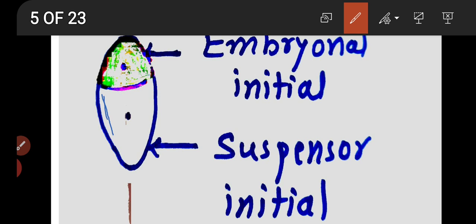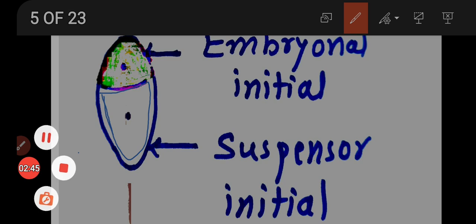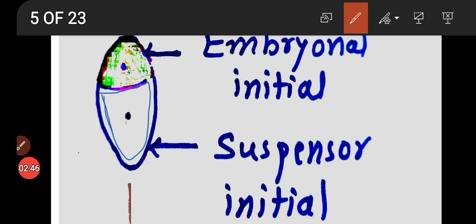This is the lower cell, which is toward the micropylar end, and this cell is called the suspensor initial. It is a larger one. The cell which is toward the chalazal end is called the embryonal initial.